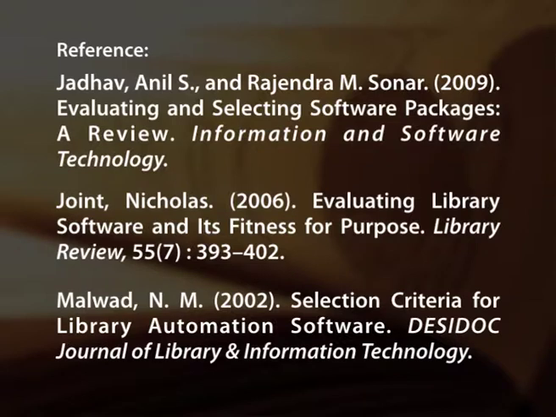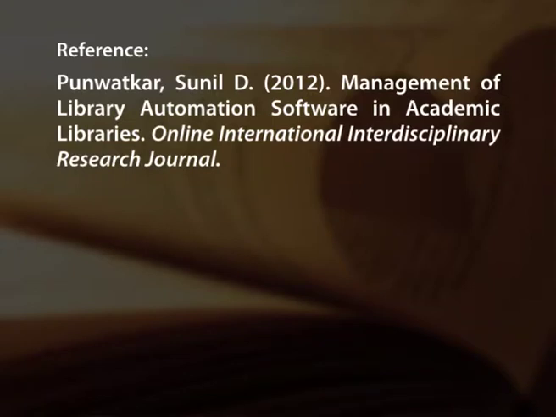Selection criteria for library automation software, DESIDOC Journal of Library and Information Technology, N.M. Malwad, 2002. Management of library automation software in academic libraries, Online International Interdisciplinary Research Journal, Sunil D. Punwatkar, 2012.